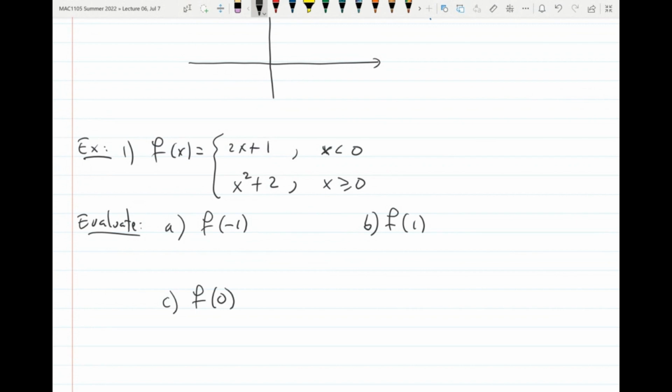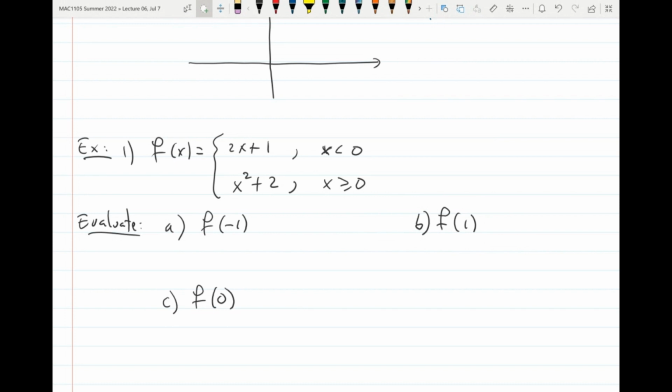Again, what this boils down to is understanding what piece you need to use, right? So what formula, and then you plug in the corresponding formula. So if we want to find f of -1, what piece do we need to use? Is it the first or the second piece? You need to ask yourself, my input is -1, where does it fit? This part right here is what talks about the input, right? This is x.